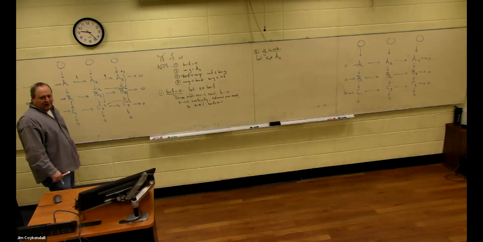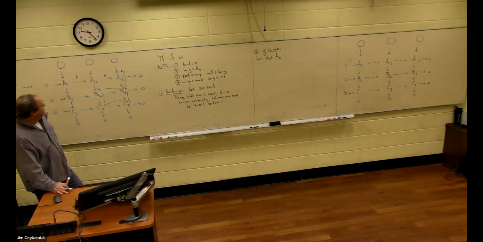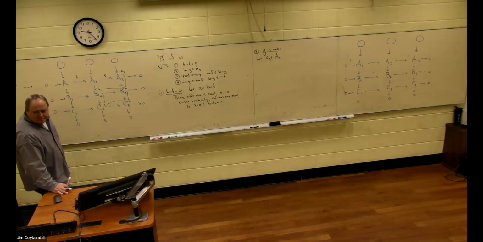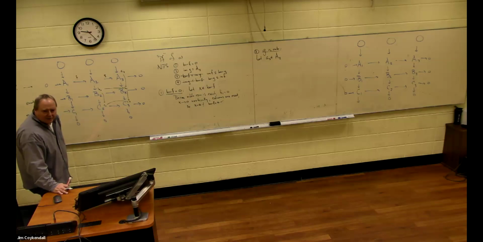Looks like I'm running out of real estate fast, but there is one saving grace here. Anybody know what it is? What can you now say about the C2? C2 is in the kernel of this map, so it must be in the image of this one.